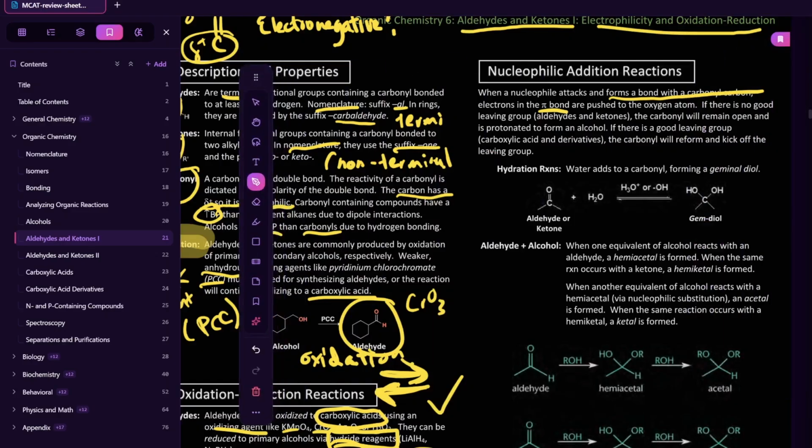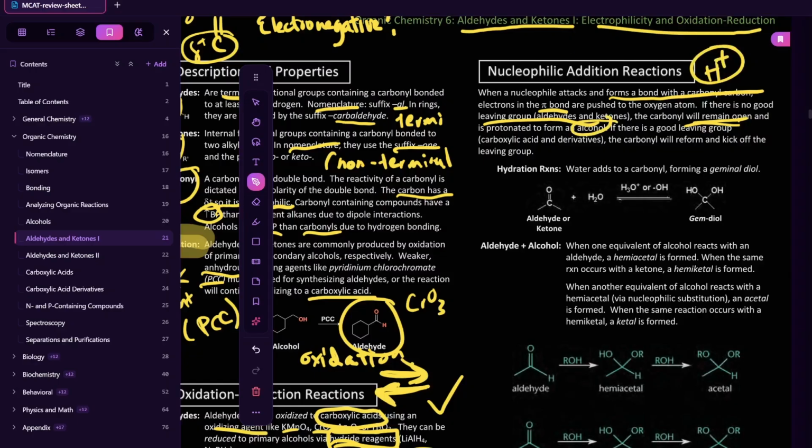What happens next depends entirely on what's already attached to that carbon. If there's no leaving group, like in an aldehyde or a ketone, where the only other substituents are H or alkyl groups, the carbonyl will remain open. That oxygen gets protonated with an H+, and you're left with an alcohol.